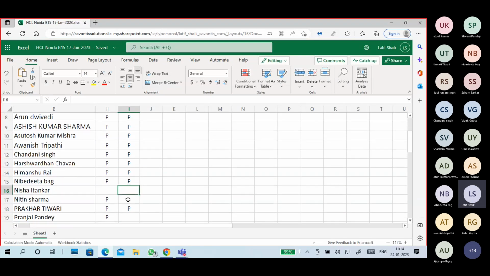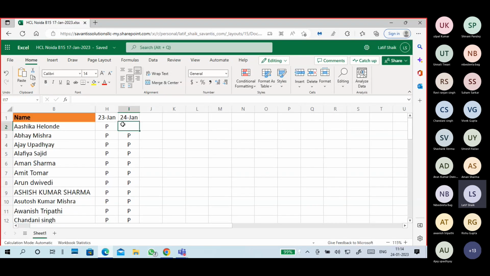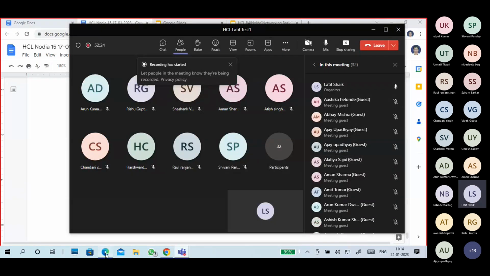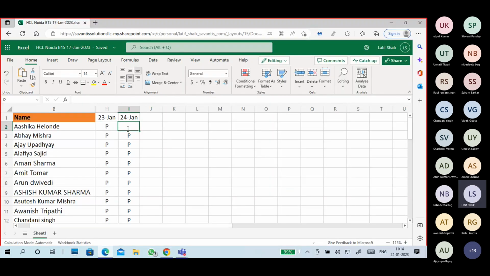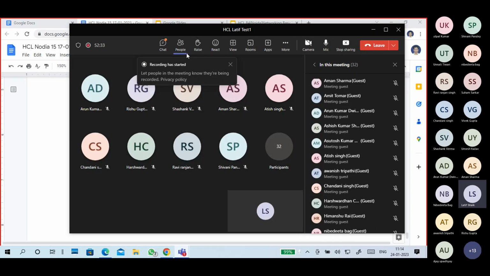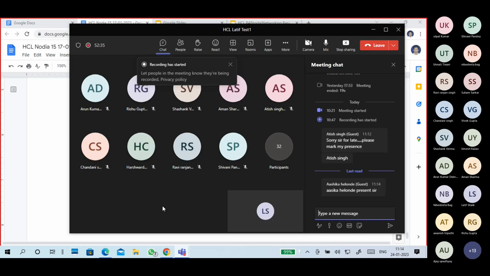Okay, see, Nitin Sharma, Ashika. She came. Okay, good.